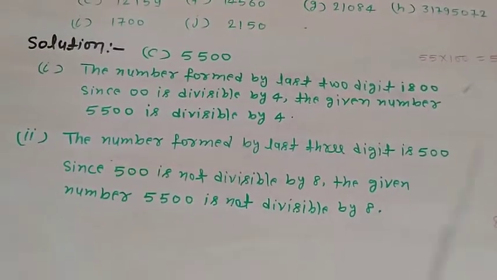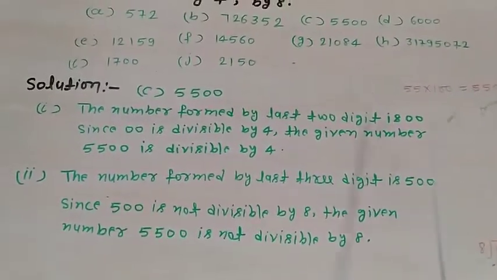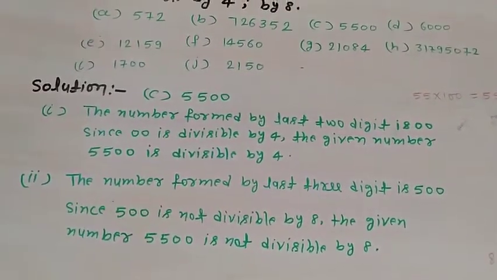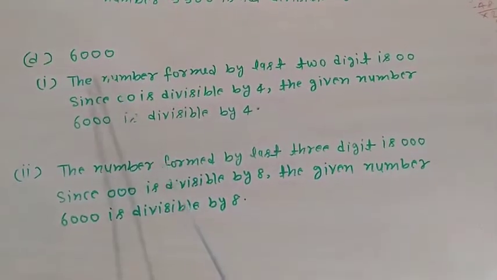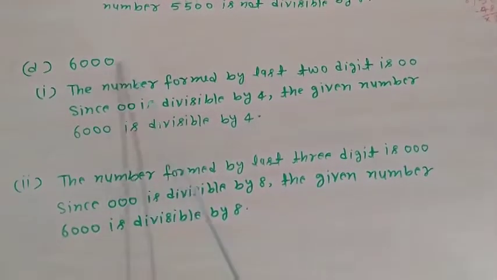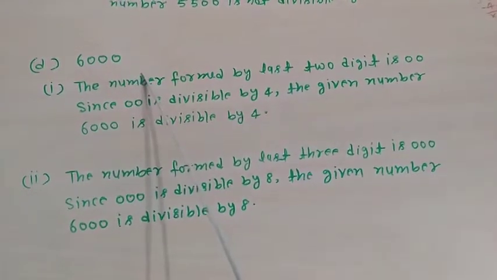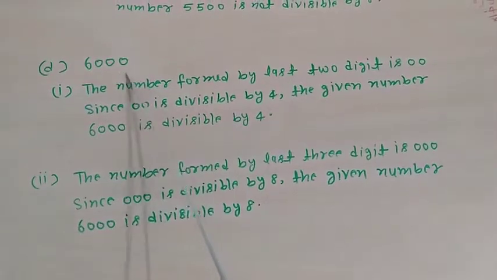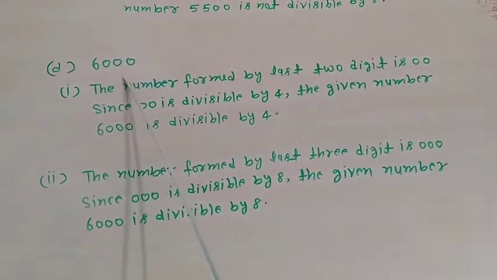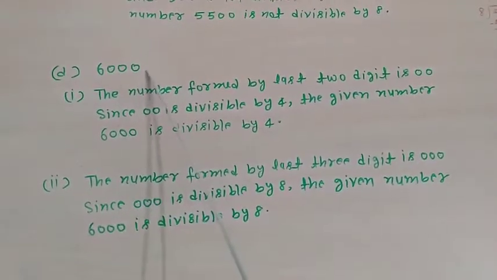Clear? Now we are going to check the D part, 6,000. This is the D part, the number is 6,000. First we check whether this is divisible by 4 or not. So we check the last 2 digits.